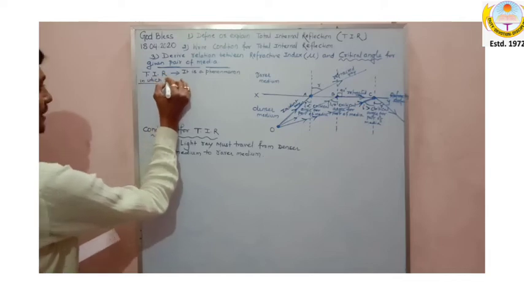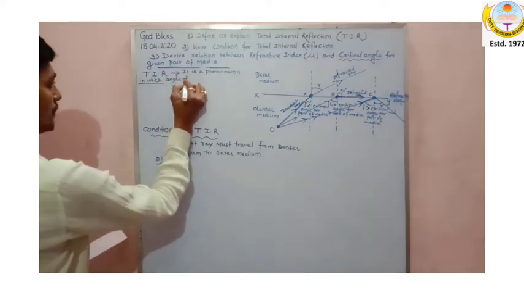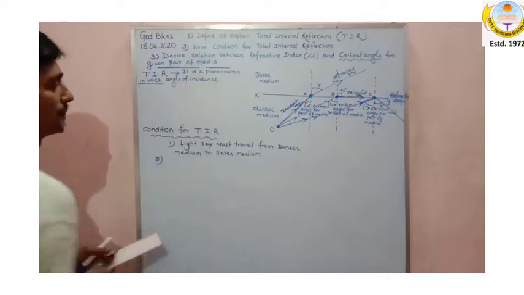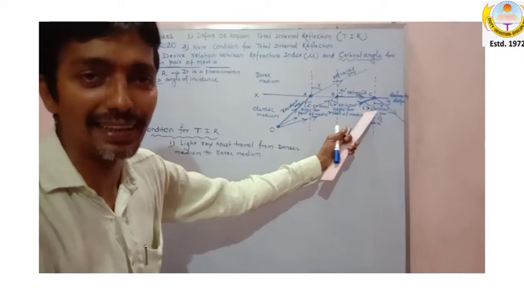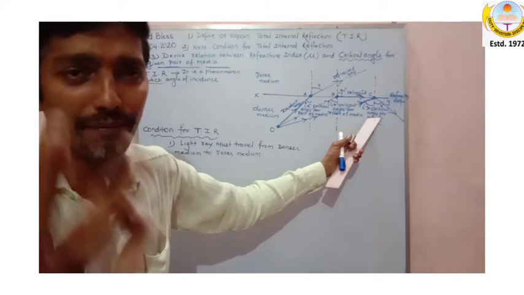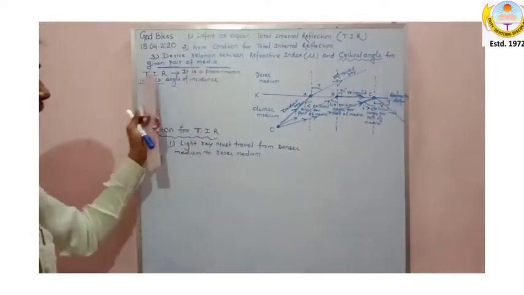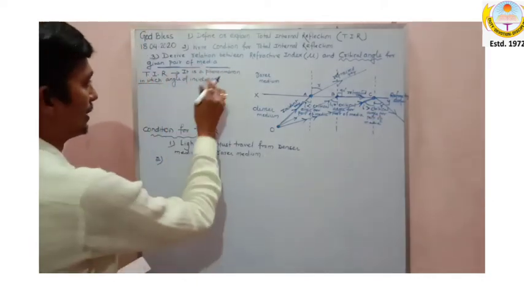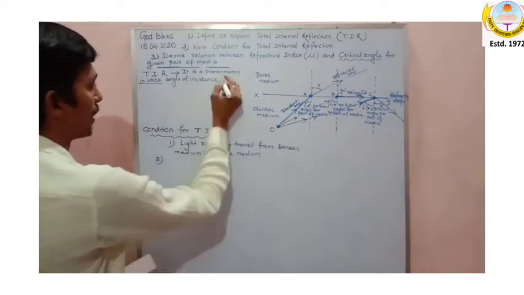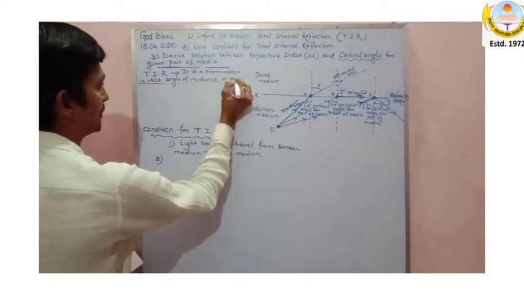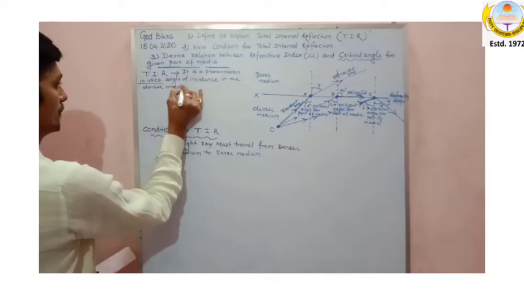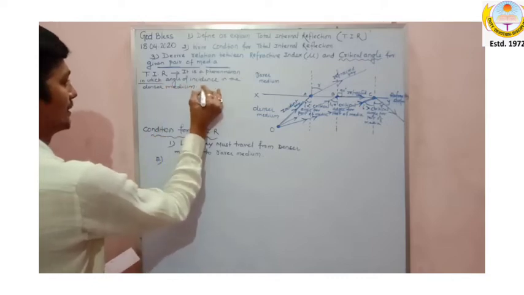angle of incidence. You can see the angle of incidence. Here I have written I. So simple. Look at the diagram, write the definition, write the answer very well. So it is a phenomenon in which the angle of incidence, where this angle of incidence takes place in the denser medium, is greater.